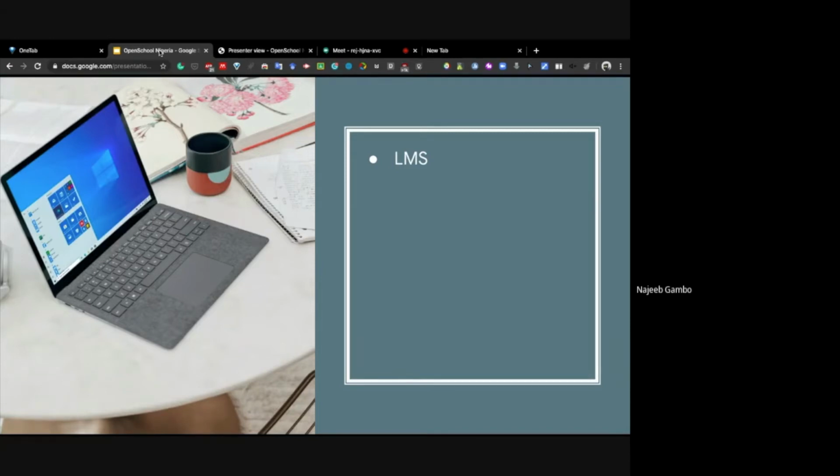This learning management system is an interactive management tool that allows the school management, the teachers, the administrators, the parents, and students to interact with one another. It allows teachers to share tools and resources to students, to track their progress and all other things.